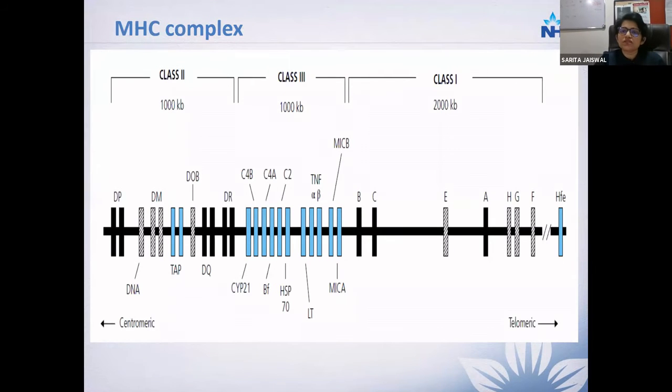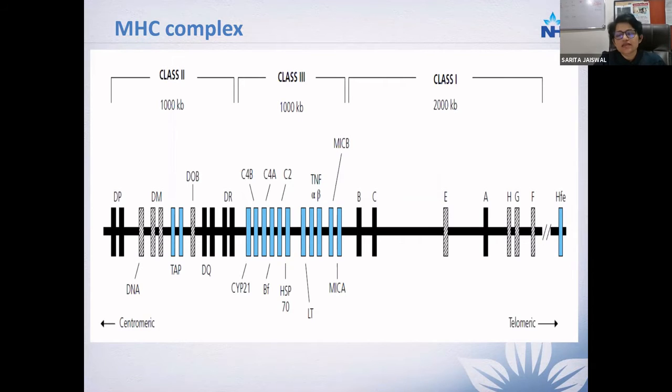Now, coming to the MHC complex introduction, what it is. Basically, this is the genetic factor, and it resides on the short arm of chromosome 6.